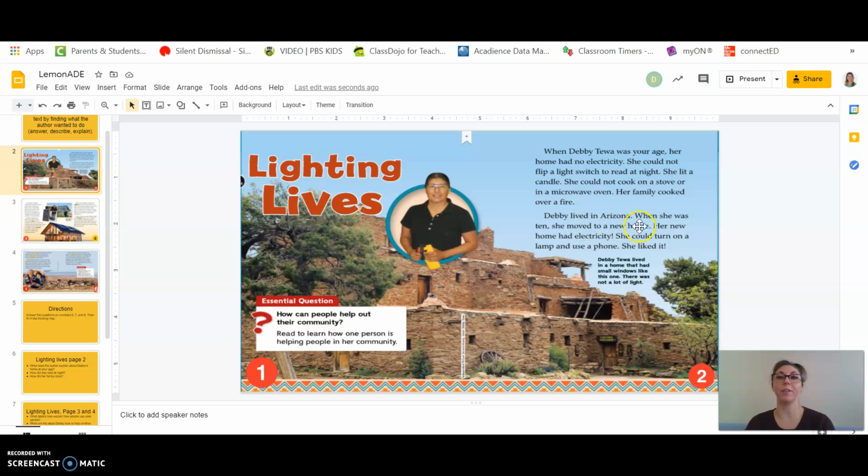Debbie lived in Arizona. When she was 10, she moved to a new home. Her new home had electricity. She could turn on a lamp and use a phone. She liked it. Debbie Tiwa lived in a home that had small windows like this one. There was not a lot of light.